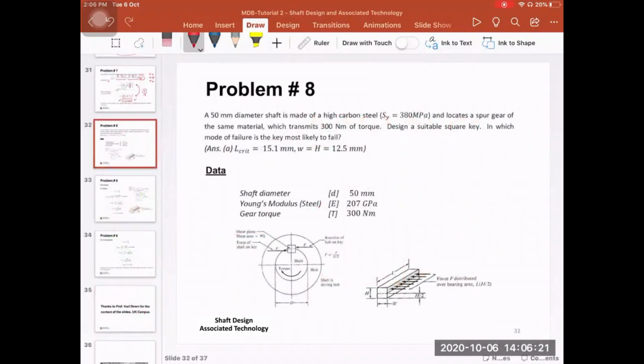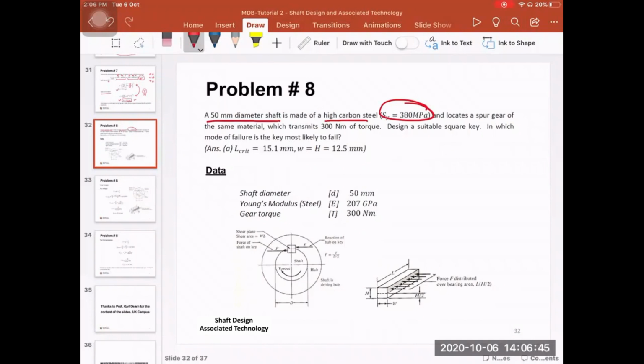So for the last problem, we have a 50 millimeter diameter shaft. The 50 millimeter diameter shaft is made of high carbon steel. The yield strength of the material is 380. And it locates a spare gear of the same material.